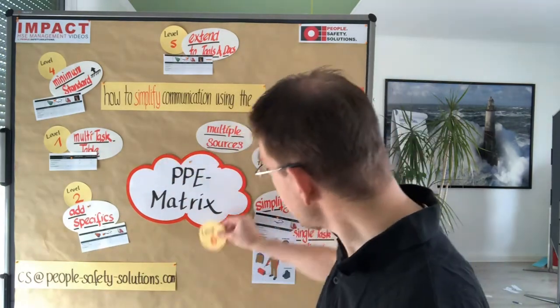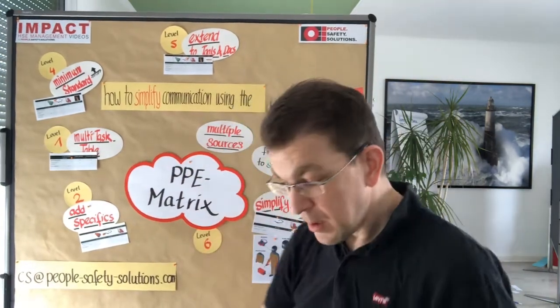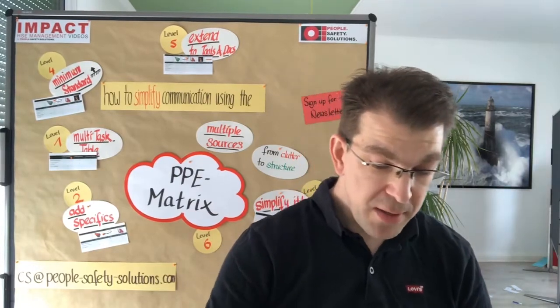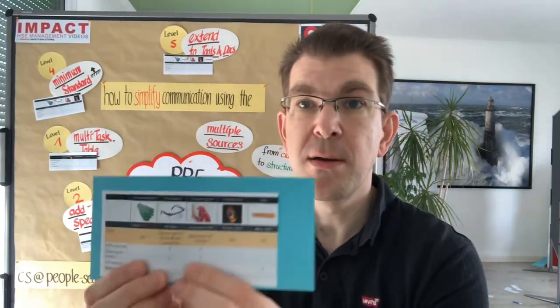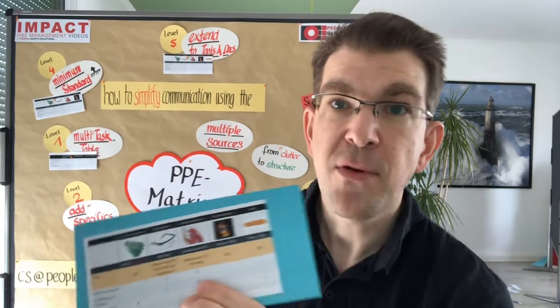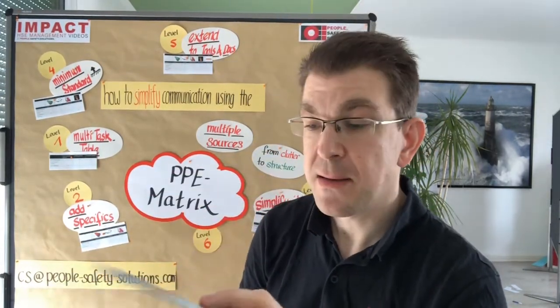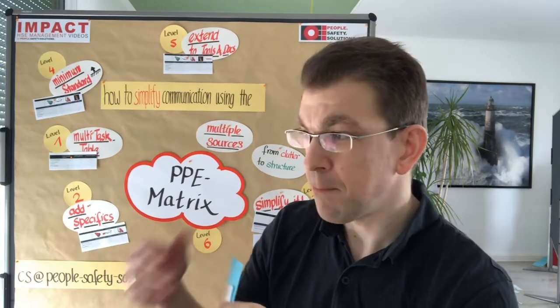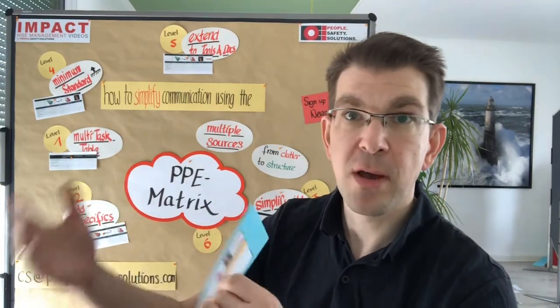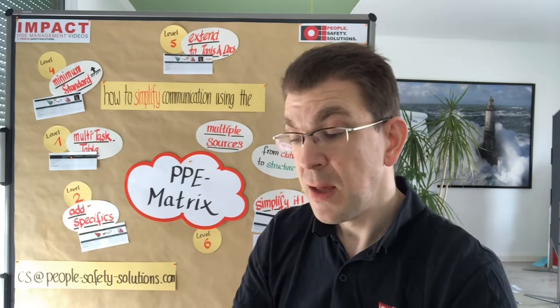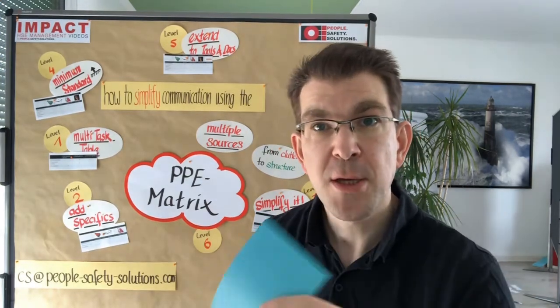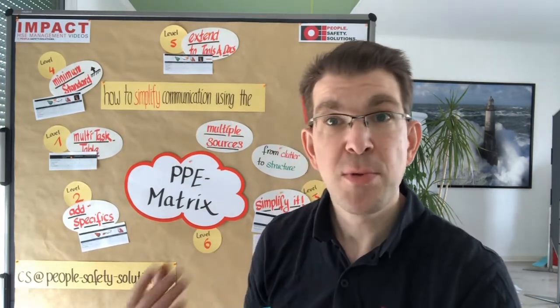And when we go now to level number 6, let's put it up here. A PPE matrix allows you also for additional information. Additional information can be something like, where do I get this equipment? So is it in this storage area, or do I have to ask my supervisor for it? But I can also add other information in, like maximum using time.